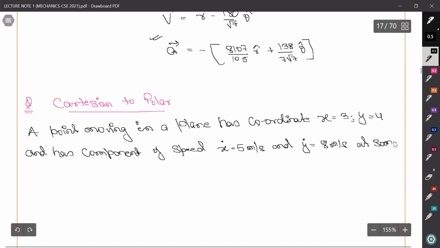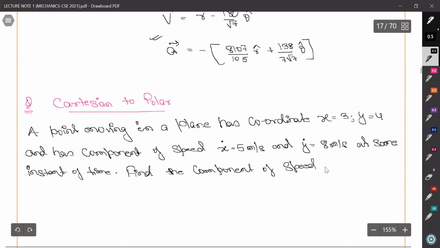At some instant of time. So what we need to find? We need to find the component of speed in polar coordinate.